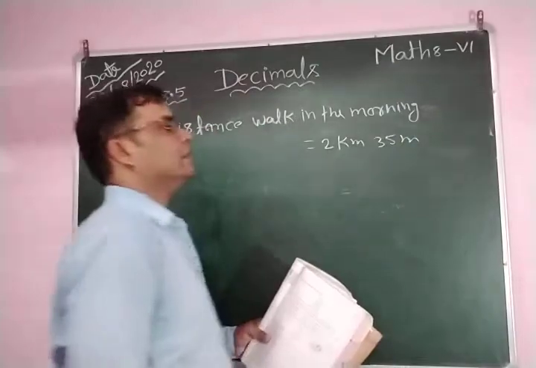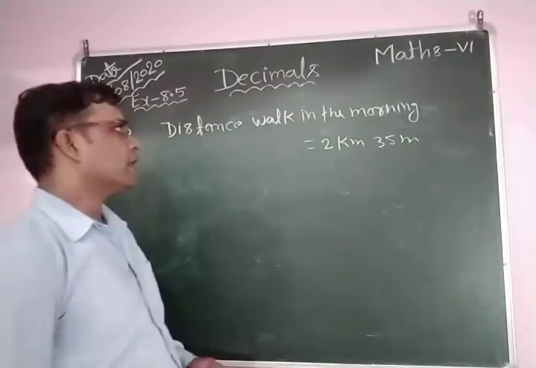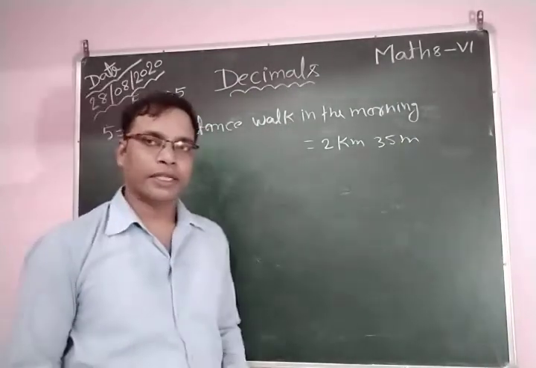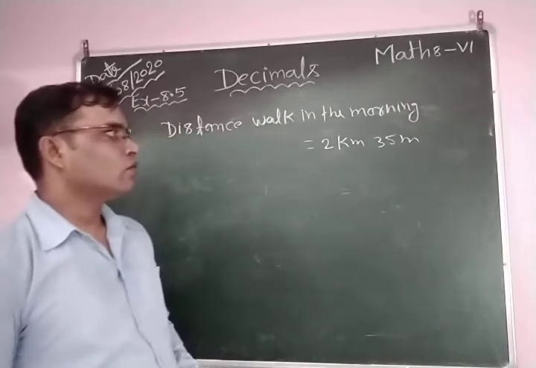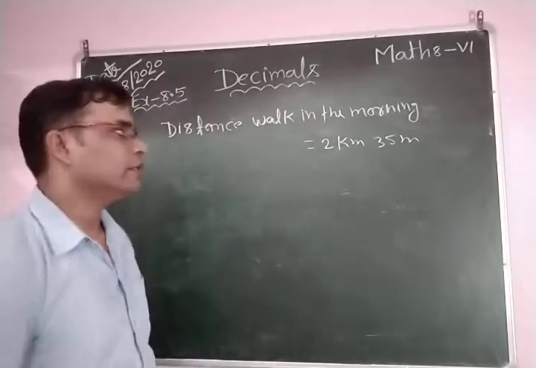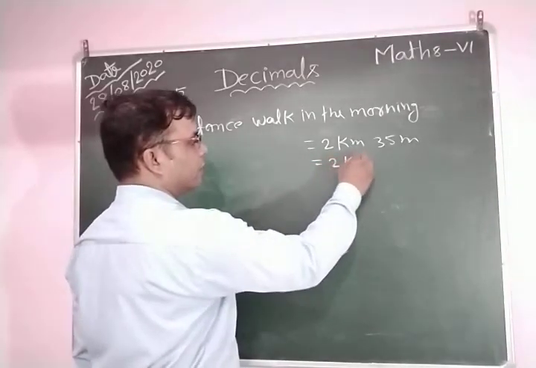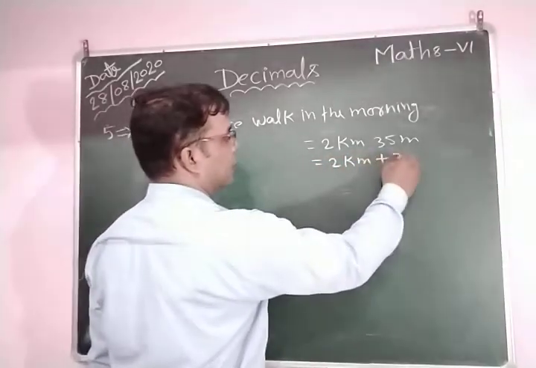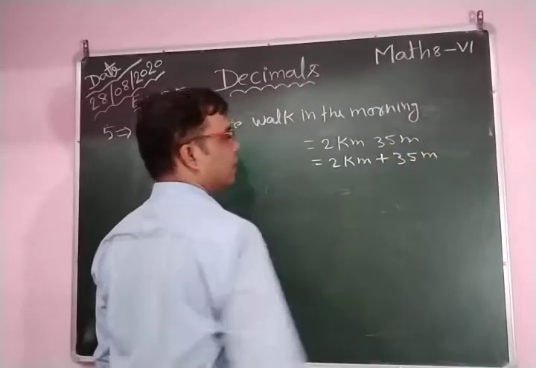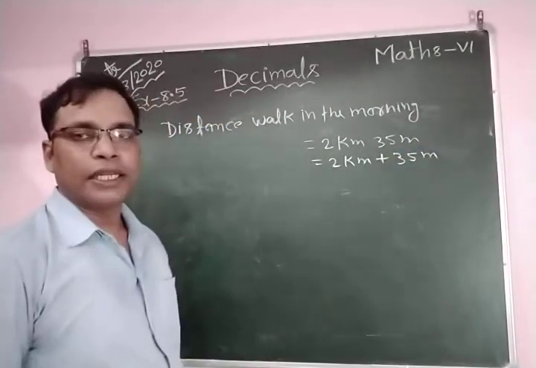But we can write this as 2 kilometer plus 35 meters. We convert 35 meters into kilometers.